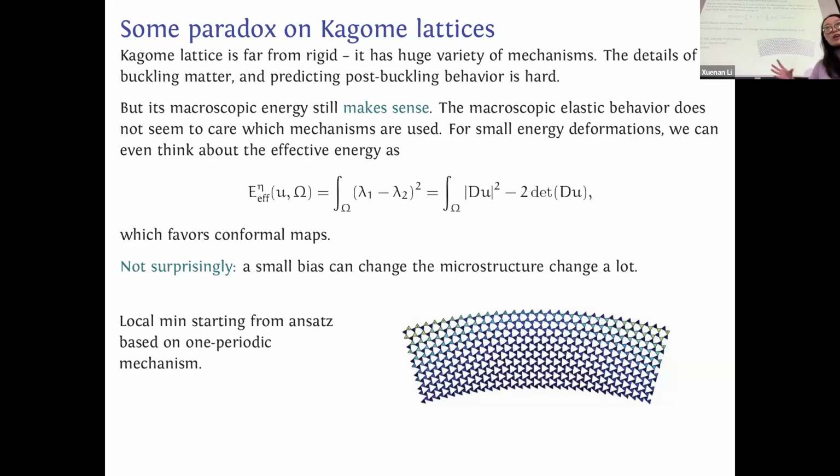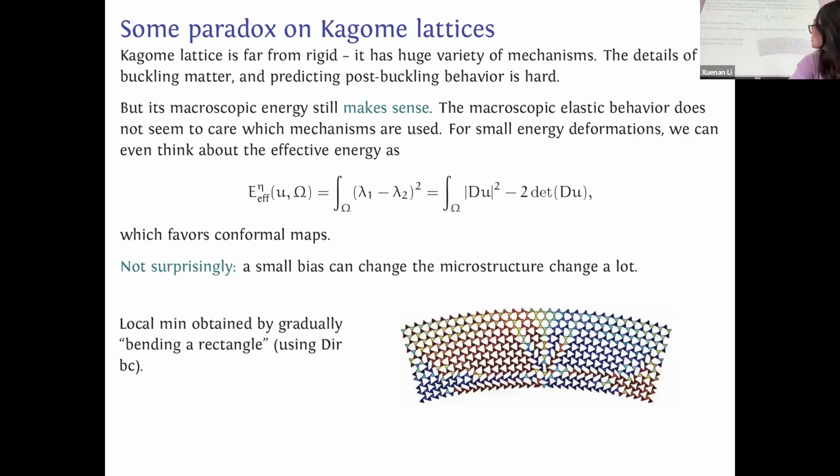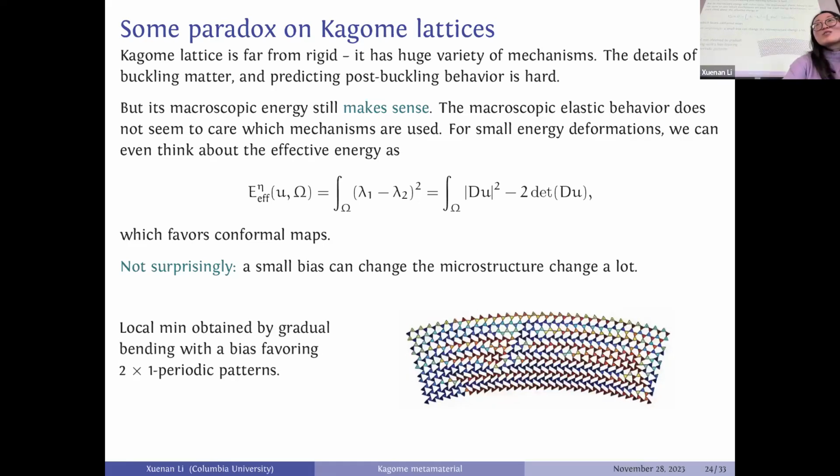So even though we know the conformal maps are going to be the small energy states, there are many of them. One choice is this, one choice is this, and there are some others from the numerical simulation. If we really think about the epsilon-scale energy landscape, it's going to be very flat around the conformal map, but there will be a lot of local minima.